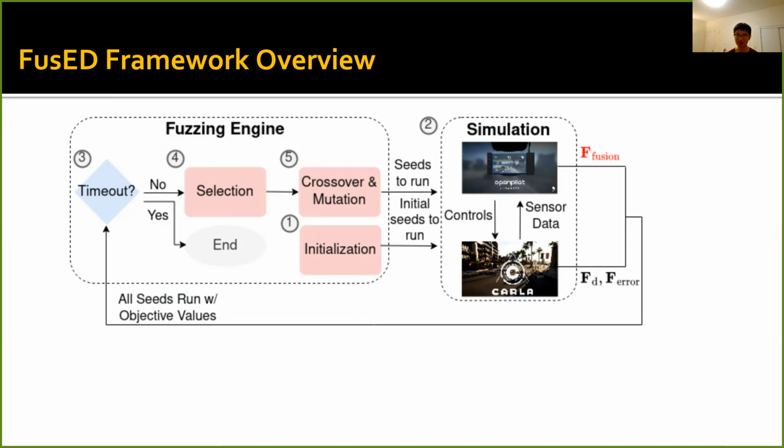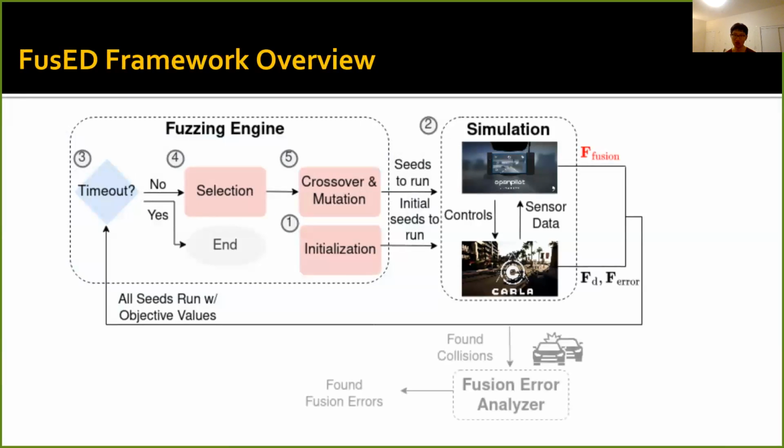In this case study, we use OpenPilot, which is a commercial level 2 ADAS, and CARLA, which is a widely used high fidelity simulator. The simulation module runs the scenario and outputs the simulation result to the fuzzing engine. It also outputs the found collisions to a third component, the fusion error analyzer, which verifies if the found collisions are indeed fusion errors.